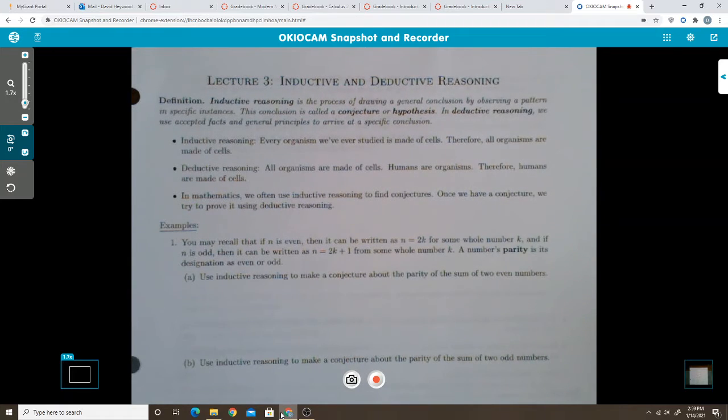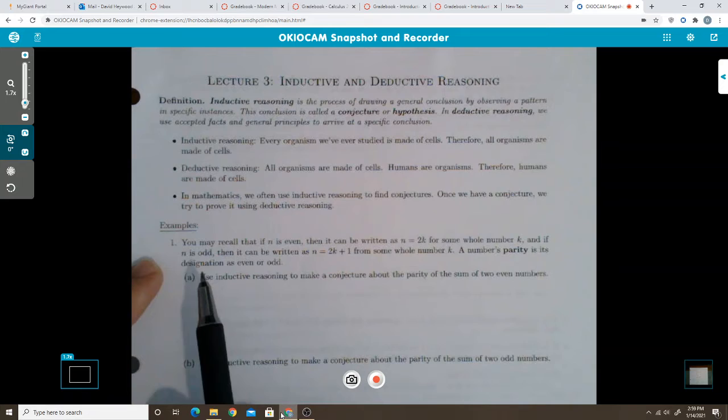And I think this sort of thing will help you to understand almost more than anything else we'll talk about in this class. This sentence right here will help you to understand what it is that mathematicians do, right? So they typically use some inductive reasoning to find a conjecture, to find something that they think is true. And then once they have a conjecture, they try to prove it using deduction.